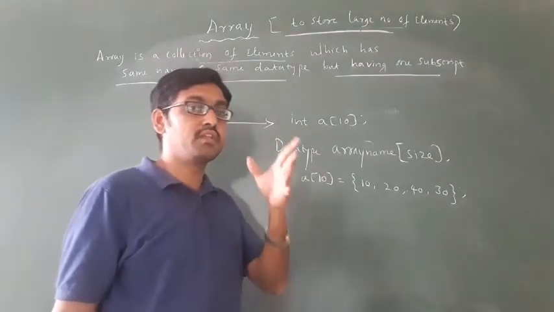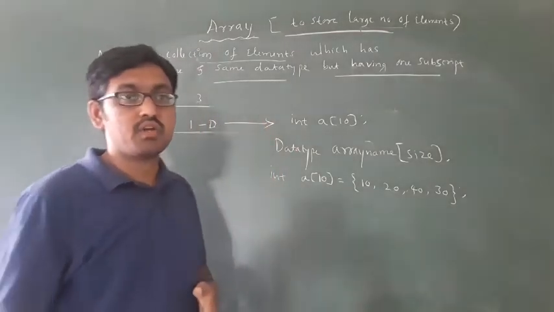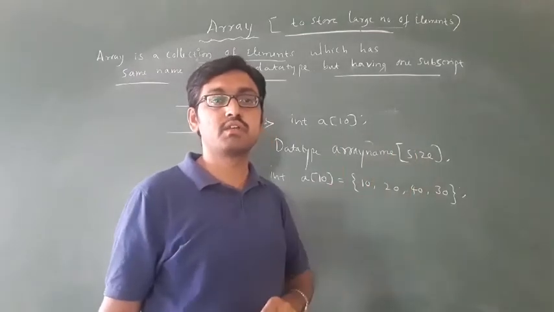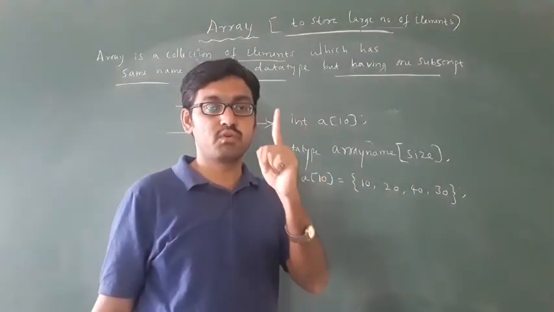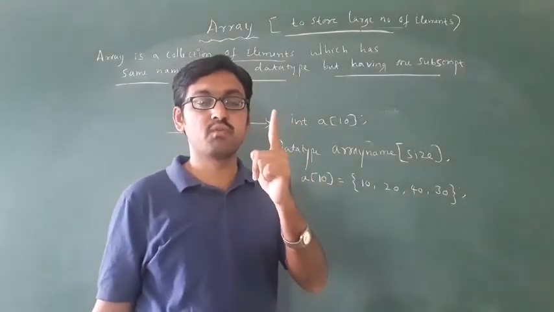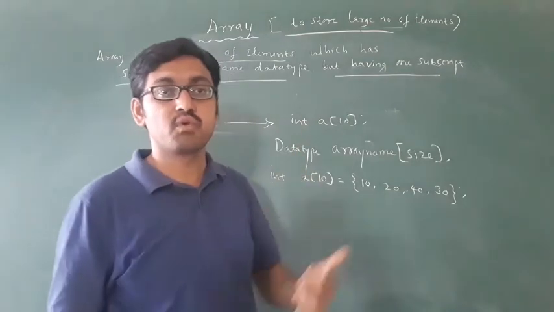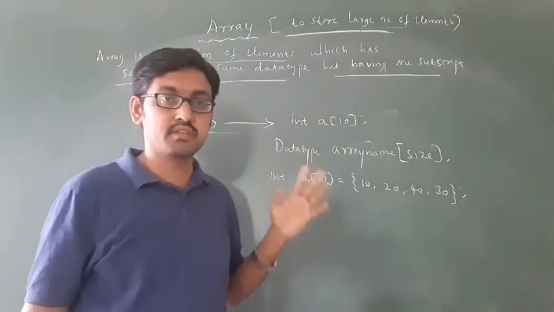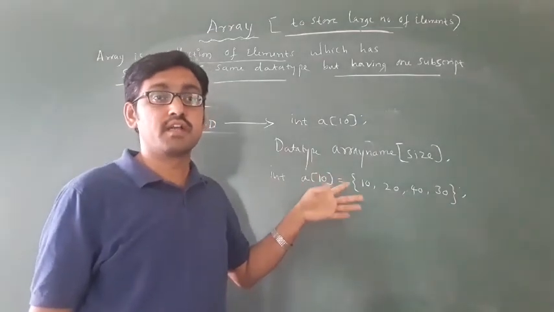Then what is the main use of array? Instead of declaring so many variables, you have to declare only one array. You can write the program very easily. Okay, that is the main use. This is a 1D array.